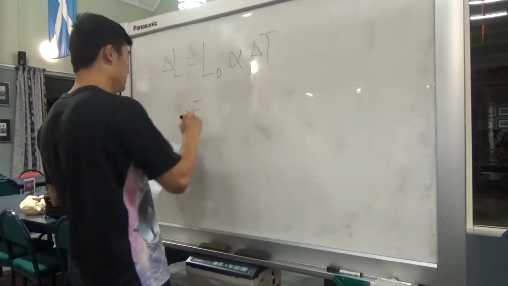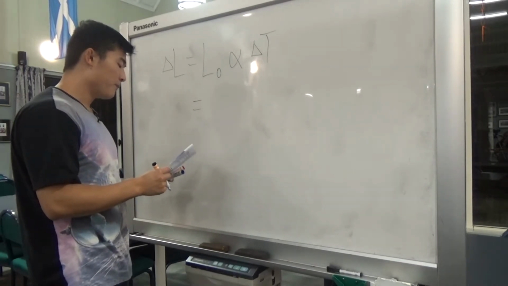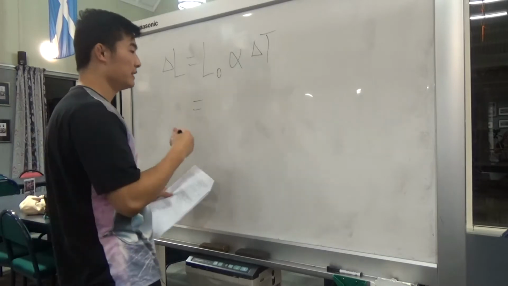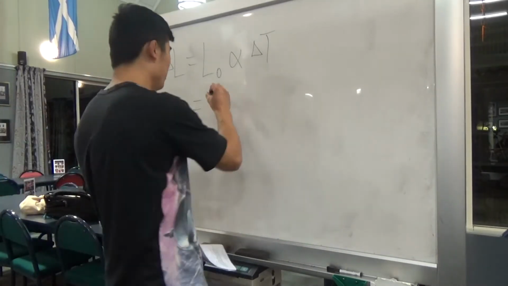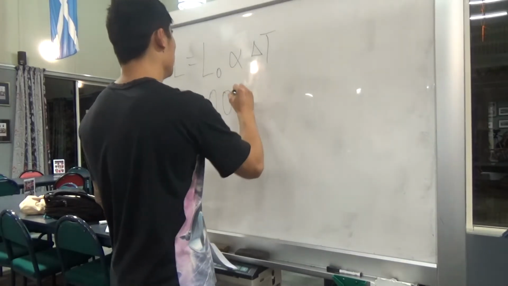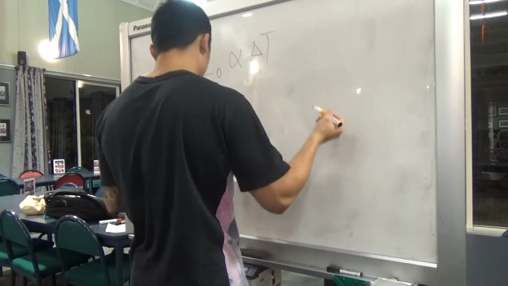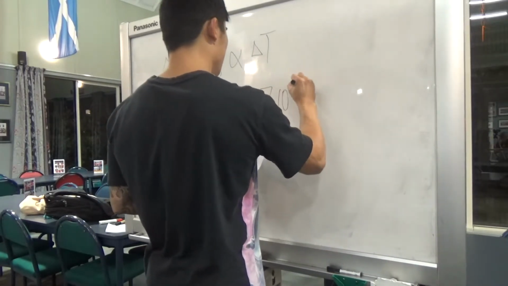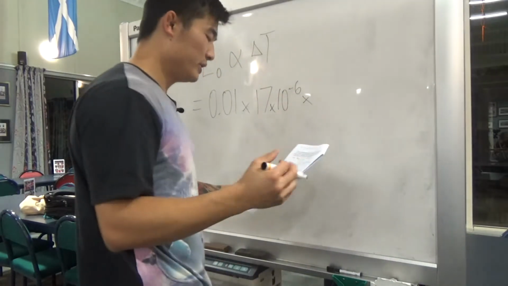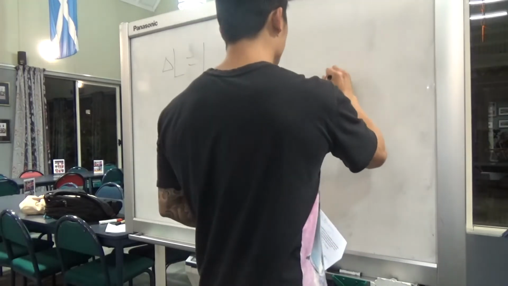Our original length was 10 millimeters, so that's 10 times 10 to the negative 3, or 0.01 meters, times the linear coefficient, which is 17 times 10 to the negative 6, times our change in temperature. It goes from 20 to 200, so that's a change of 180.